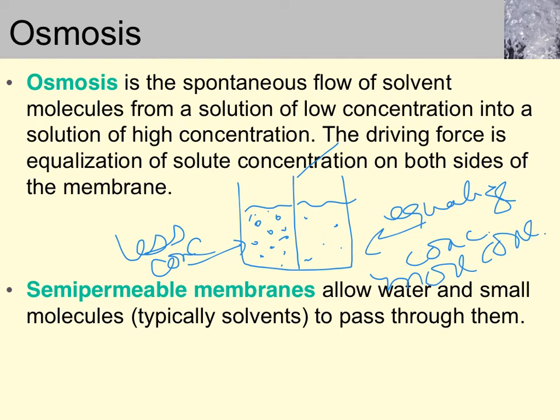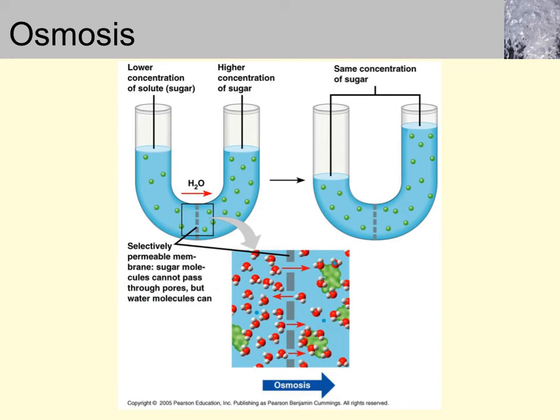Okay, so that's what osmosis is. Semi-permeable membrane is what's in the middle separating the two solutions. All right, so here's a picture so you can visualize it a little bit better. Here, the right side of the first tube would represent the concentrated solution, and the left side would be the dilute solution.